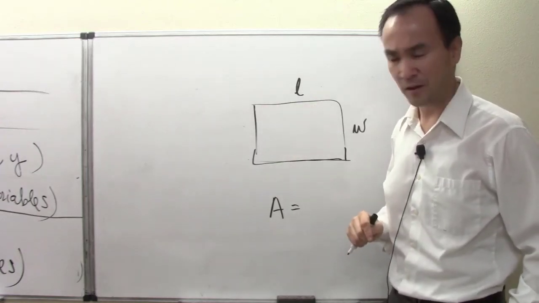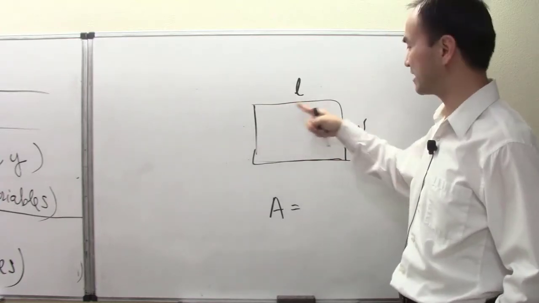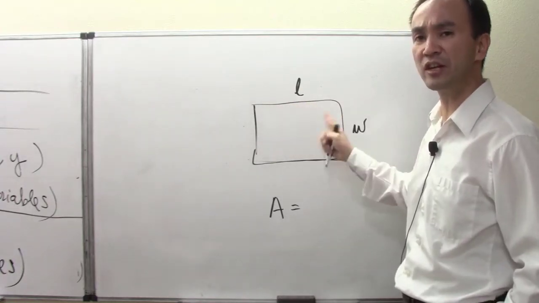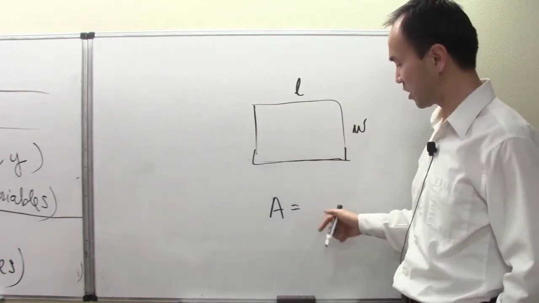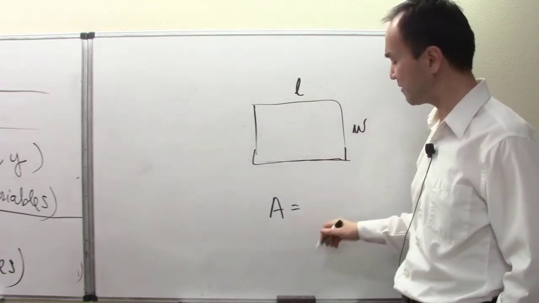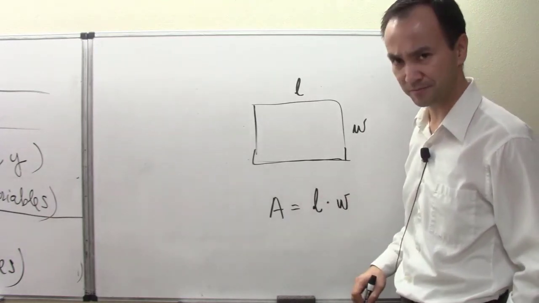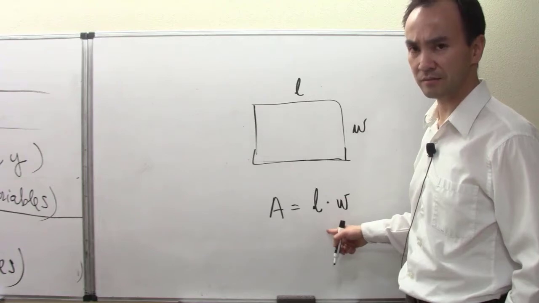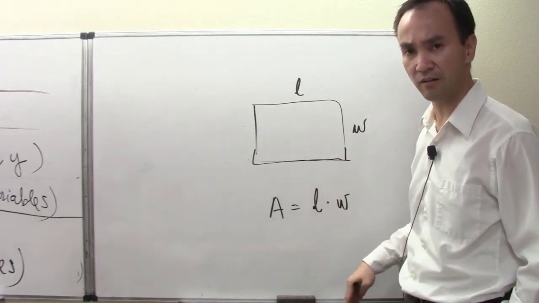If you're a farmer, you want to calculate how much area you can use for agriculture. So the area of a rectangular shape is length times width. We've been saying this by heart since a very young age, and we carry that understanding all the way until now.